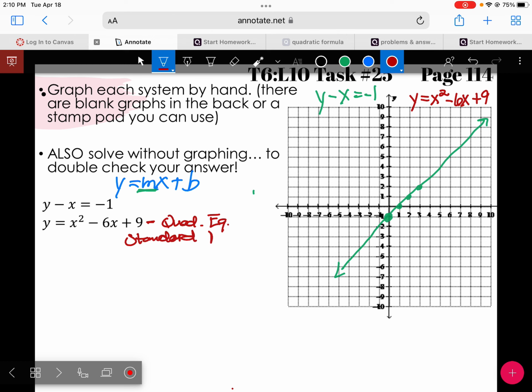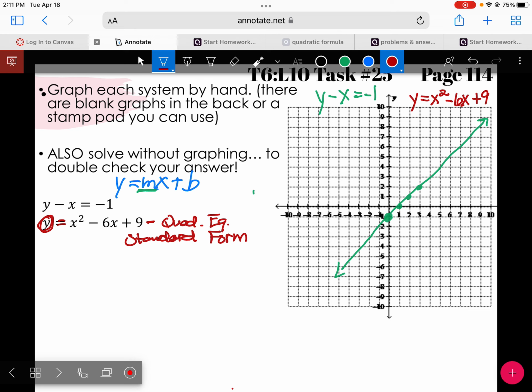And what good is standard form? What does that help us do? Not a ton, but a little. Okay, we can say it equals 0. What else?